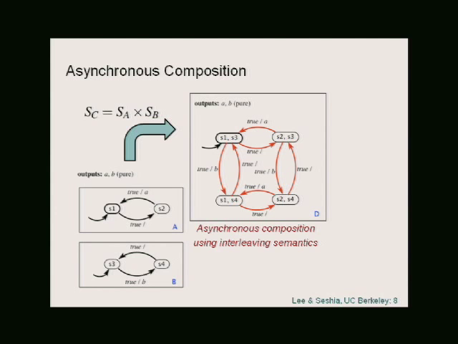Okay. Now, if you have a single processor and you're running two concurrent tasks on the single processor, then you can't have both tasks run at the same time. Correct? So interleaving semantics is fine. Using interleaving semantics would be a reasonable modeling choice for that kind of system.